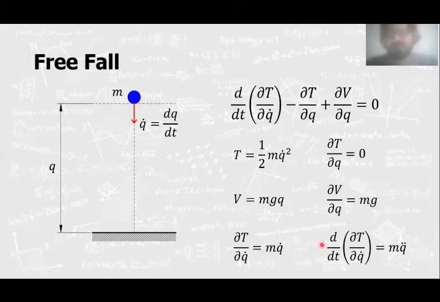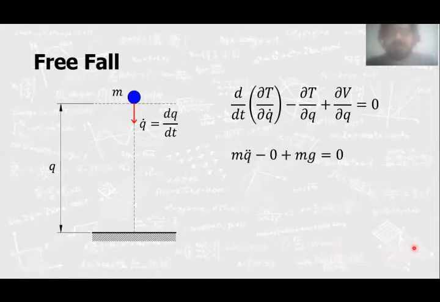And finally, the derivative of this element with respect to time is equal to m q double dot, where q double dot represents acceleration. If we replace the elements in the Euler Lagrange equation, we have m q double dot minus 0 plus mg equals 0.